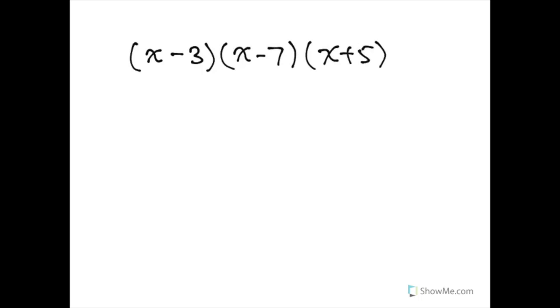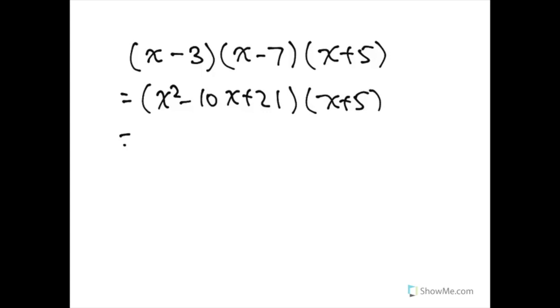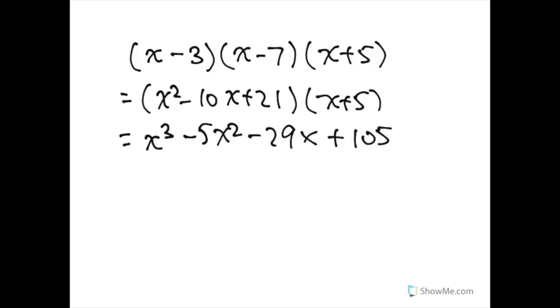Now we can expand this out and get x squared minus 10x plus 21 times x plus 5, or x cubed minus 5x squared minus 29x plus 105. So if you have no clue how I just did what I did, don't worry right now. But all you need to know is that this first expression and this last expression are the same.